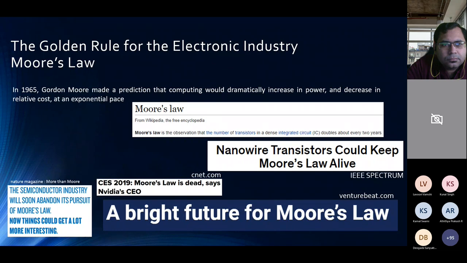I'm really happy to see that these predictions are not necessarily true. In fact, Moore's law is well alive, and that's what we are going to actually see through this presentation. Along with these kind of articles, there are a lot of articles which actually talk about the bright future of Moore's law. This is in particular a very good article. You should go and read about that.